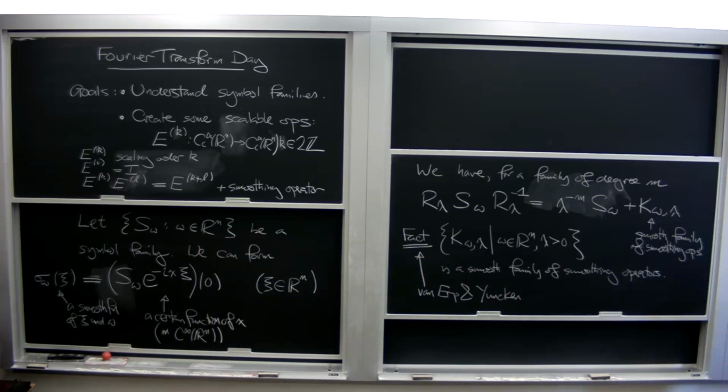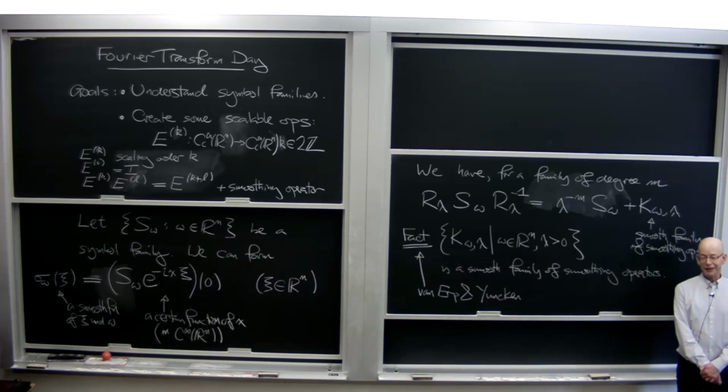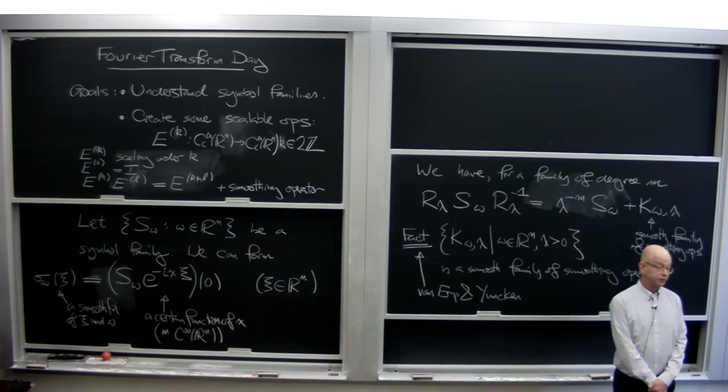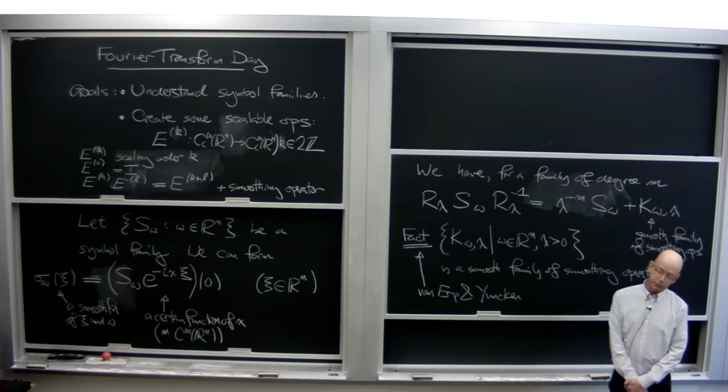Why are we going to take this for granted? Well, because in a little while, when the crowds are clamoring for it, we're going to introduce the tangent groupoid, when you can just bear no longer not knowing what the tangent groupoid is. And when we introduce the tangent groupoid, we shall redefine what a symbol family and a scaling family and scalable operators are, and so on.